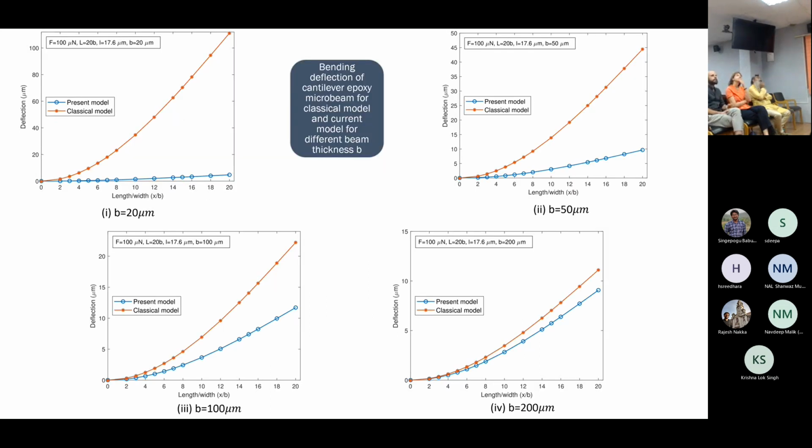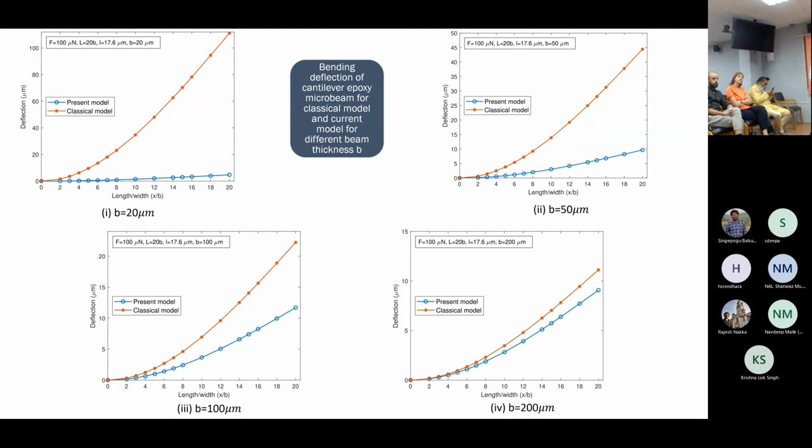Using those results, we got the bending deflection of a cantilever epoxy microbeam for different beam thicknesses. Here we can see the results for our model as well as for the classical model. For epoxy, we are using the small scale parameter as 17.6 micrometers, and we are taking all the parameters to be equal as is done in most literature. For beam thicknesses of 20, 50, 100, and 200 micrometers, we have obtained the deflections corresponding to the length to width ratio of the beam.